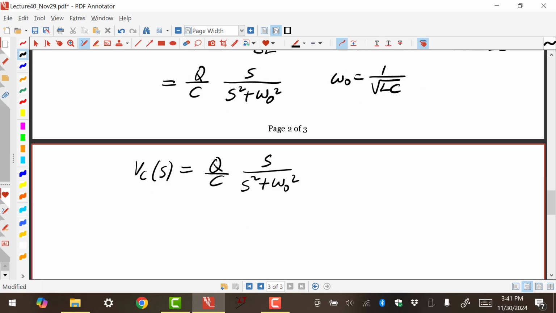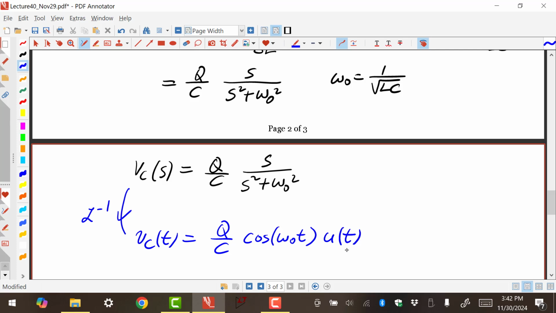VC of T is going to be a cosine. Taking the inverse Laplace transform, VC of T is Q over C times cosine omega naught T times U of T. So you can see right away that the capacitor voltage will jump in this case, as opposed to the previous case where the capacitor voltage was continuous.